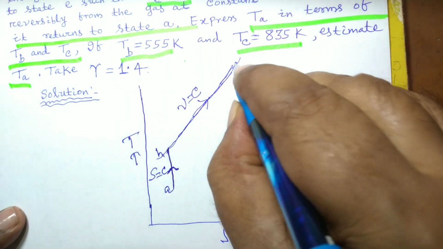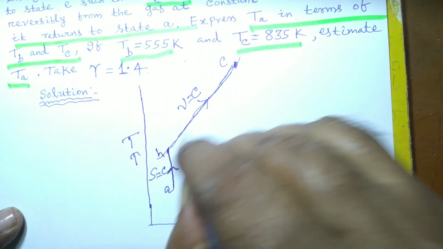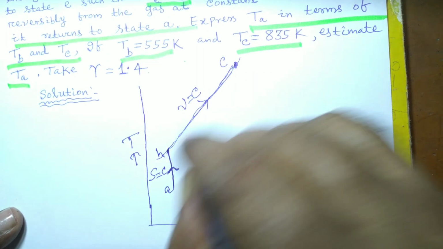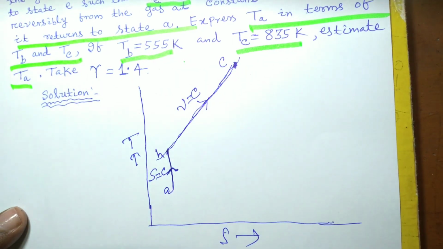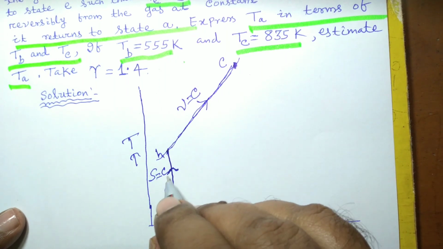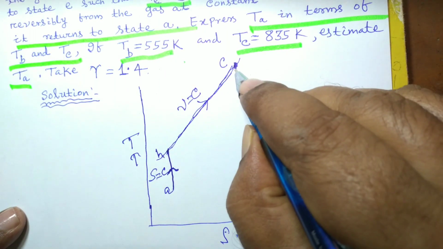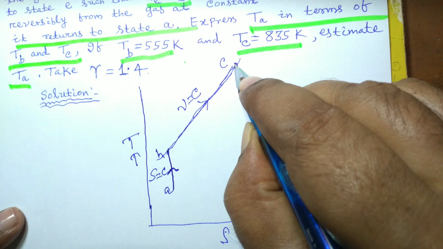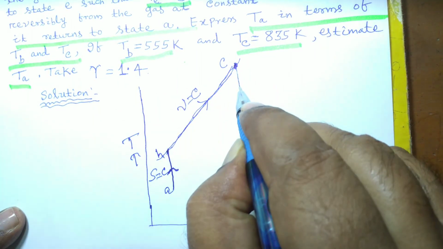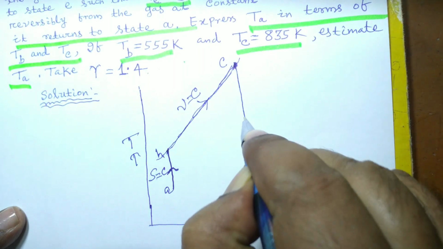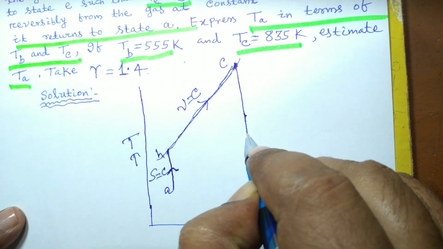So now this is point C. Here this is the constant volume heating process, so temperature increases, and you know during compression also temperature increases. That's why A to B is like this. Now the reversible adiabatic expansion, that means isentropic expansion, takes place, and you know during expansion temperature decreases.